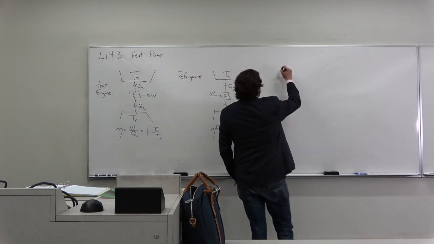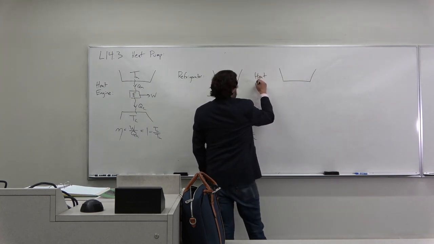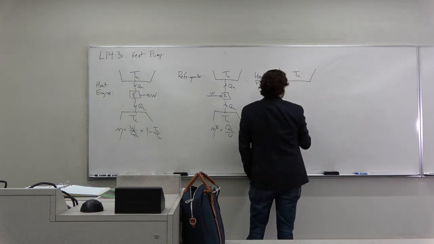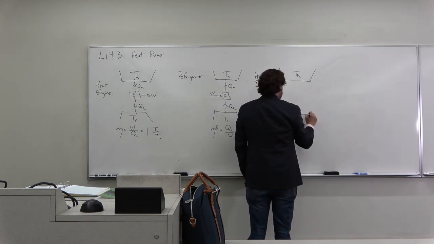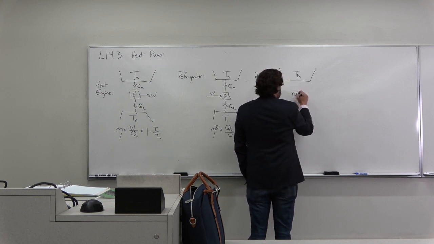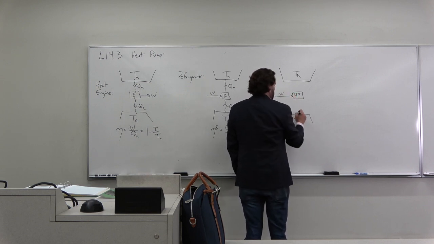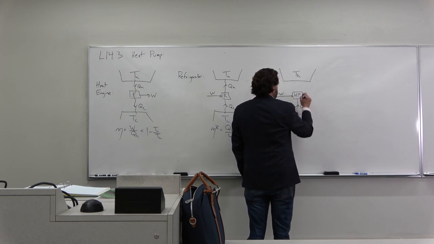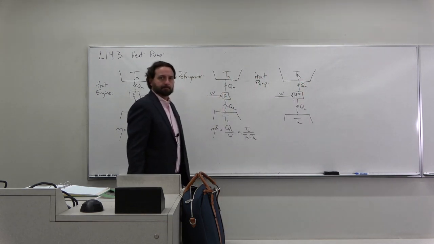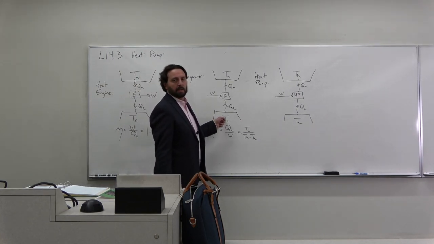Now, I can do one more thing, and I'm going to call it a heat pump. It's going to look identical to the refrigerator, right? So let's call this one a heat pump. We're still going to have to do some work, extract some heat, and dump some heat. But now I'm thinking about this same object, but what I want is not to get it cold.